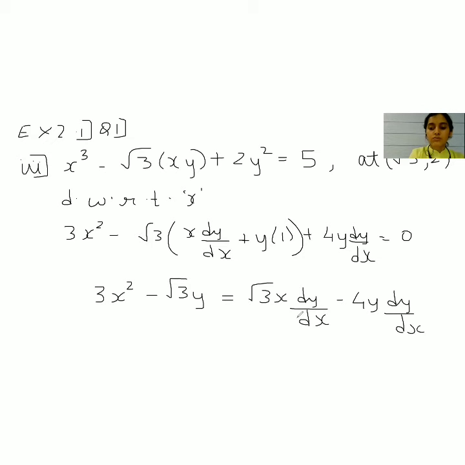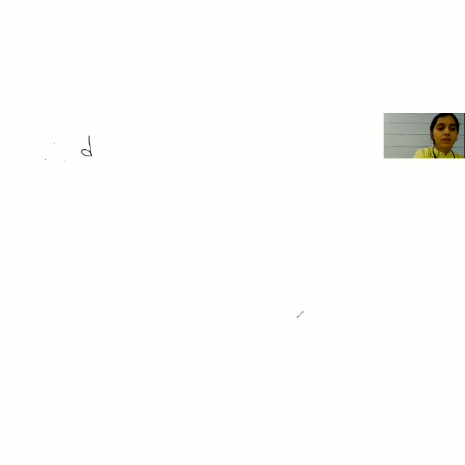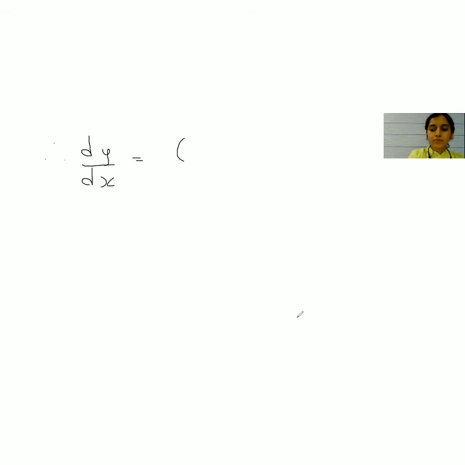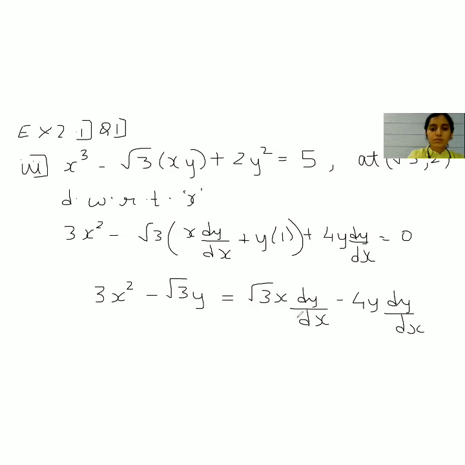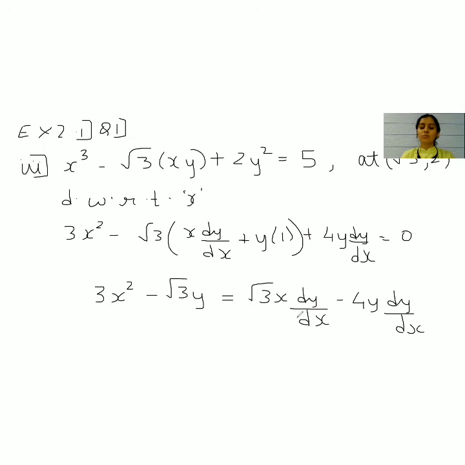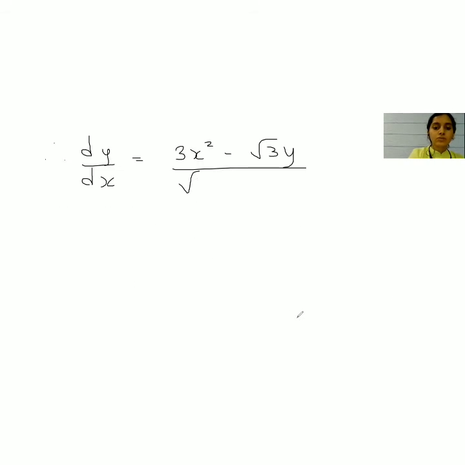Therefore, dy by dx is equal to 3x square minus root 3y divided by, when we take dy by dx common on the right side, root 3x minus 4y.